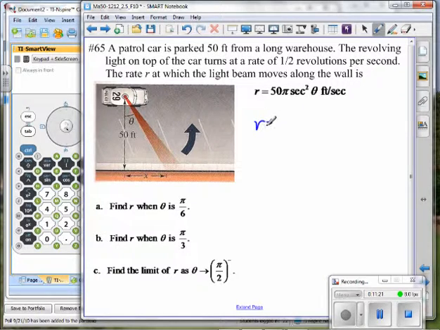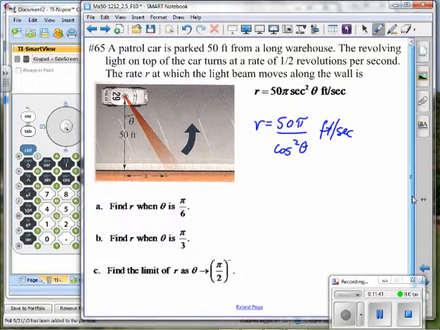Another way of writing that, because most of us can visualize cosine better than we can visualize secant, would be 50 pi divided by cosine squared theta feet per second.